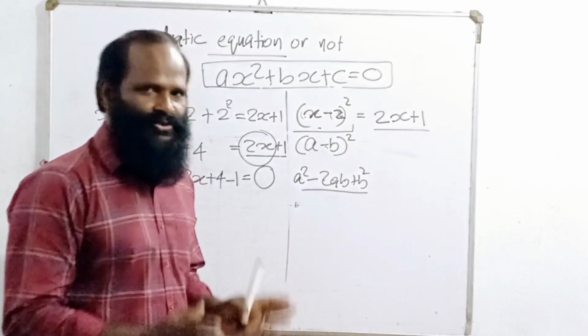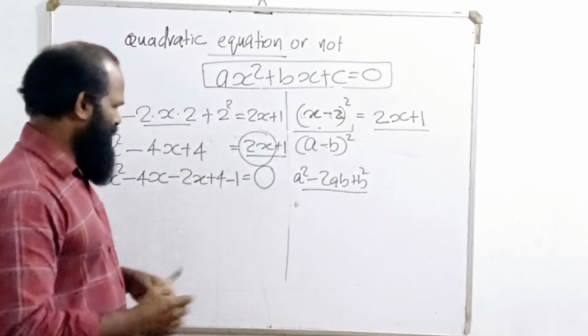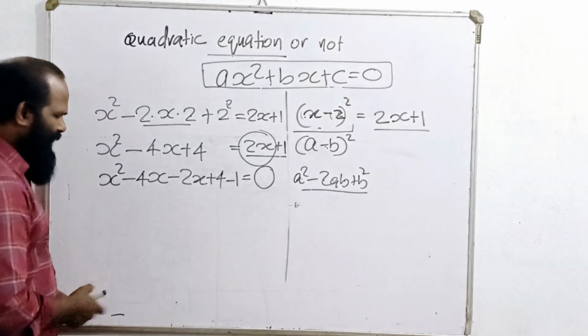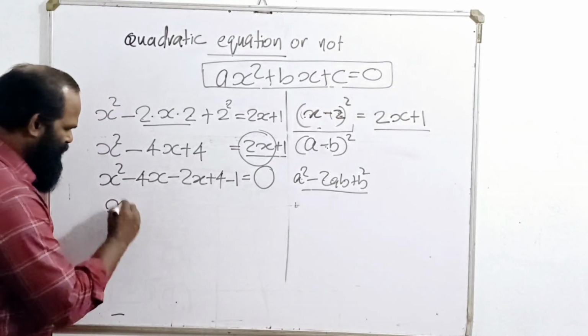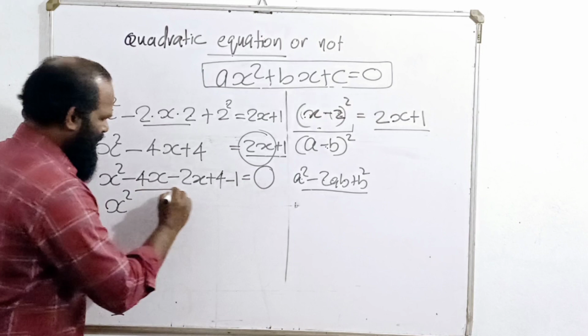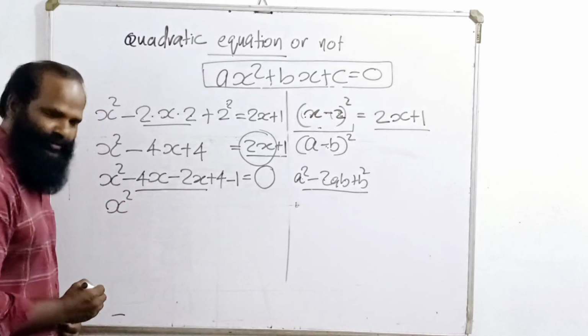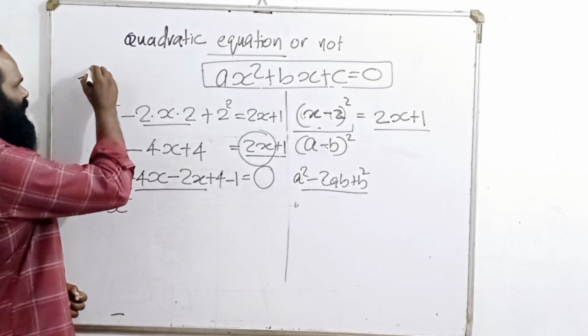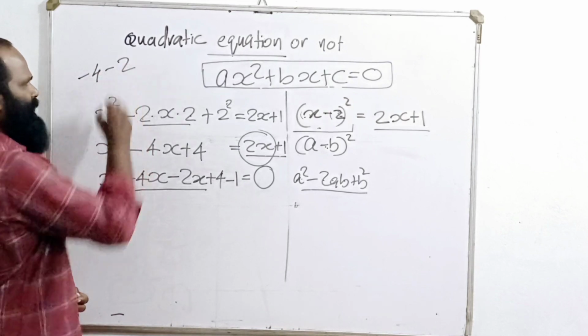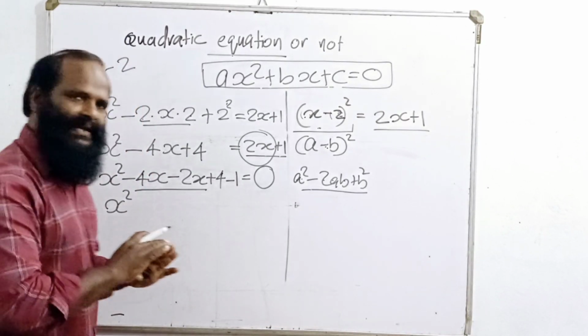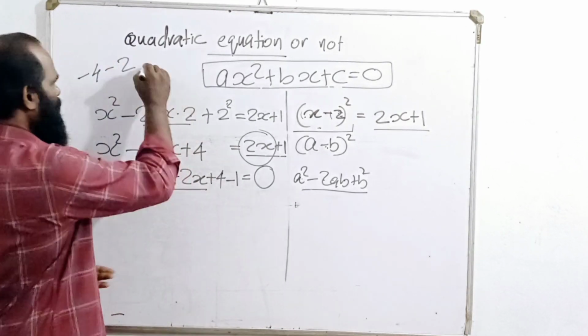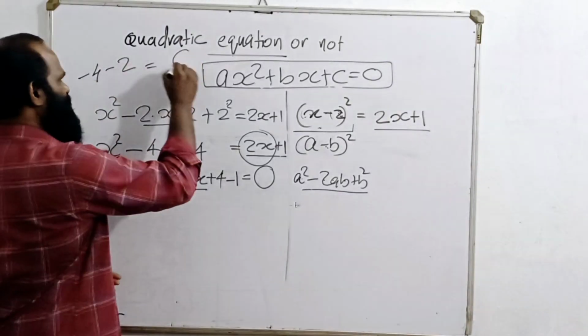Things are gradually taking shape. Look here. X square. This is the only term with x square. Now minus 4x and minus 2x. We know that if there is a minus sign before two numbers, straight up you add the numbers. That means 4 and 2, 6.